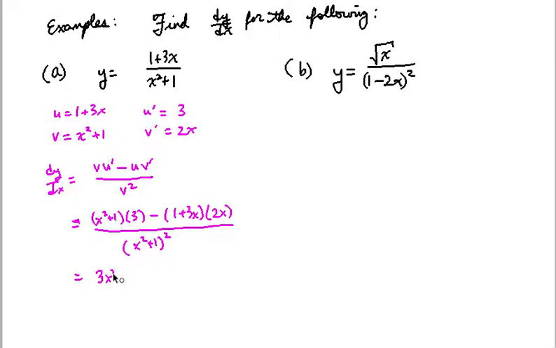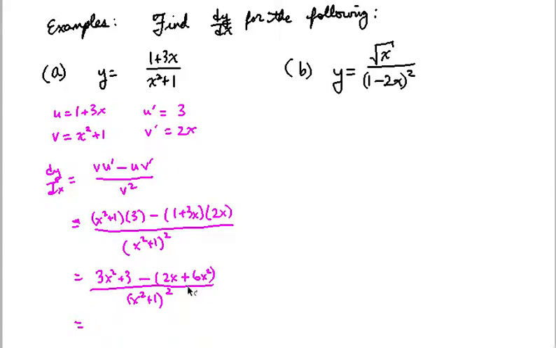So that becomes 3x squared plus 3, and that becomes minus 2x. I'm going to distribute the 2x through, and that becomes 6x squared, all over (x squared plus 1) quantity squared. And so that simplifies even further.